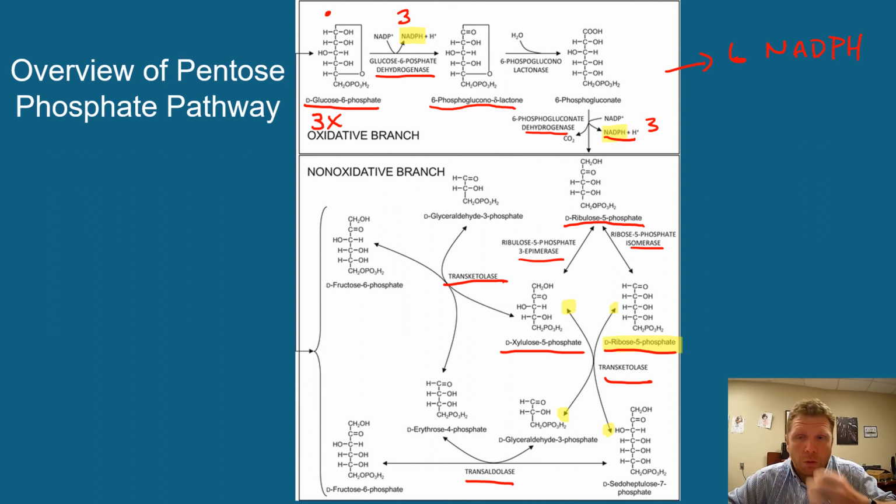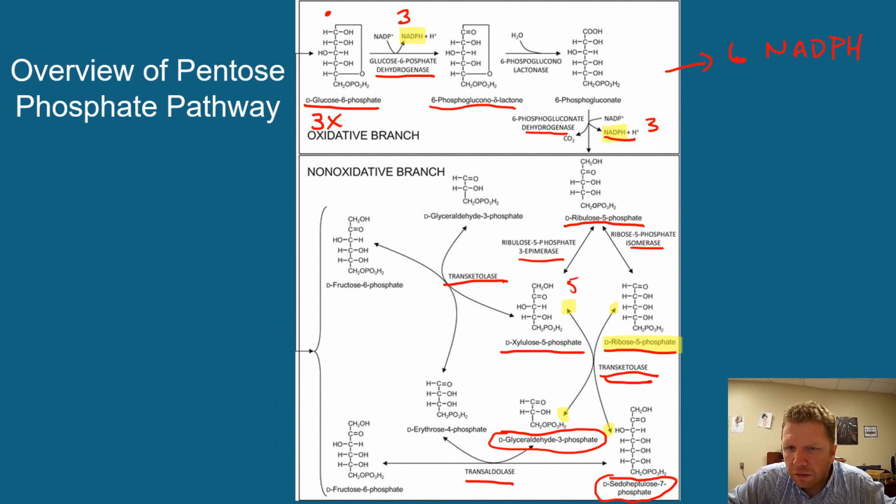Okay, so when you have those two molecules, one of the things that can happen, or that does happen, is this xylulose 5-phosphate goes in two different directions, both of which utilize transketolase. One transketolase is going to take xylulose 5-phosphate and ribose 5-phosphate to make D-glyceraldehyde 3-phosphate and D-sedoheptulose 7-phosphate.